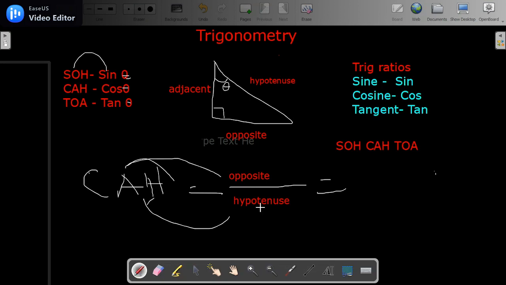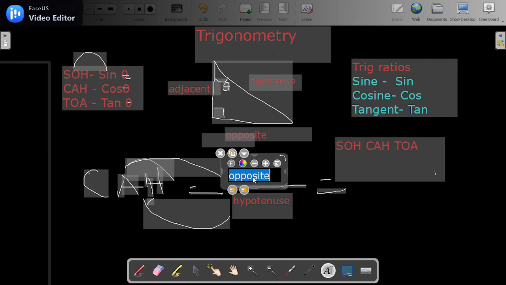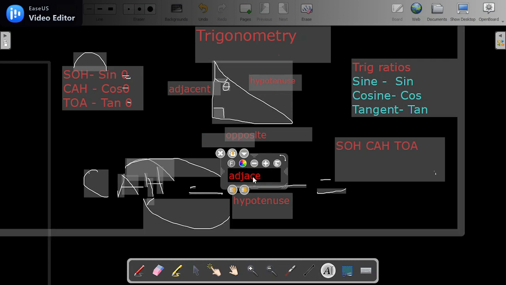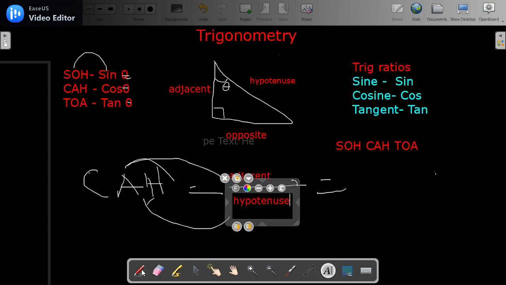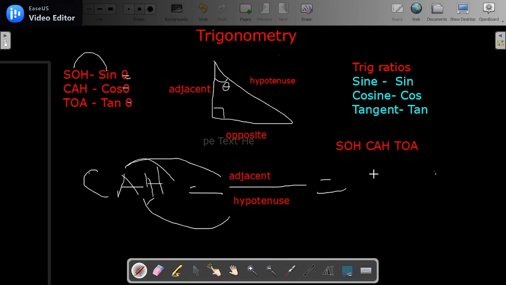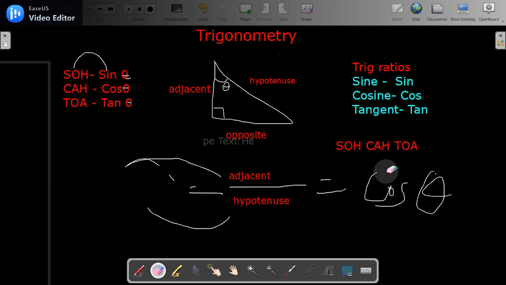So the A stands for adjacent, and the H here stands for hypotenuse, which is equivalent to cos theta, which implies that cos theta is equal to adjacent over hypotenuse. You should be able to derive that yourself.